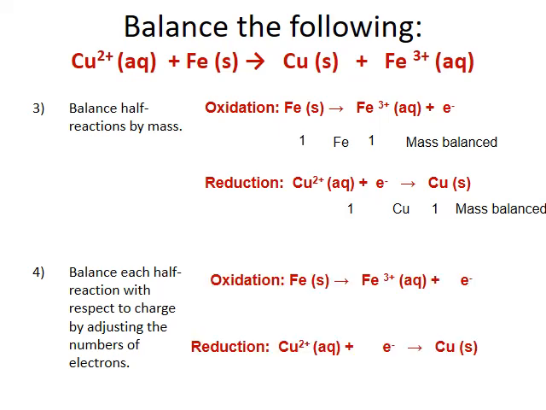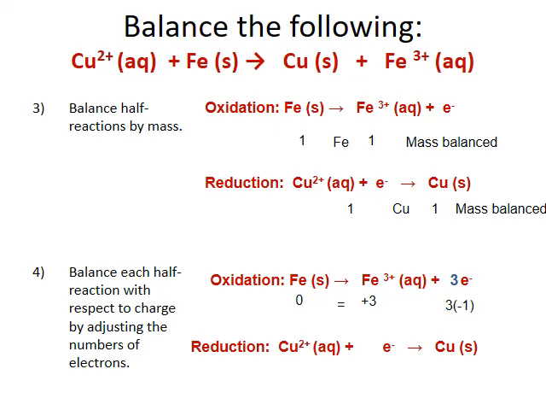For the oxidation half reaction, we know that we went from a charge of 0 to +3 on the product side. In order for this to happen, the iron atom had to lose 3 negatively charged electrons. So we add 3 as a coefficient on the electrons on the product side.